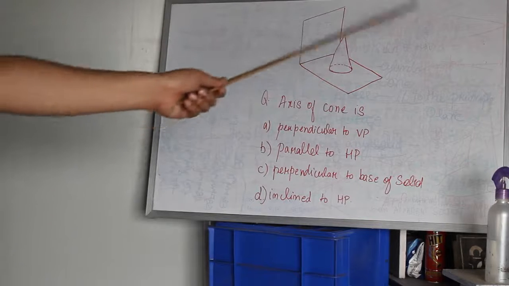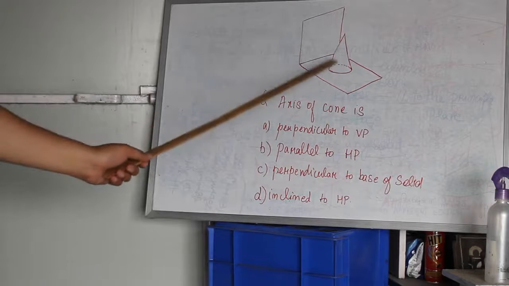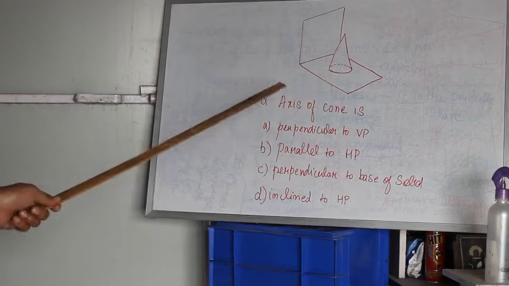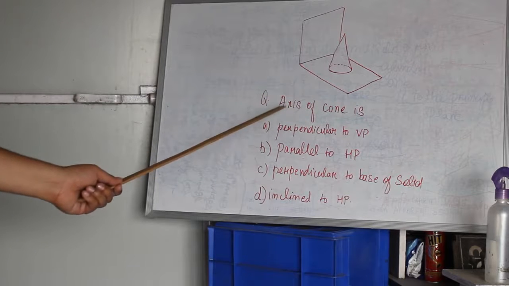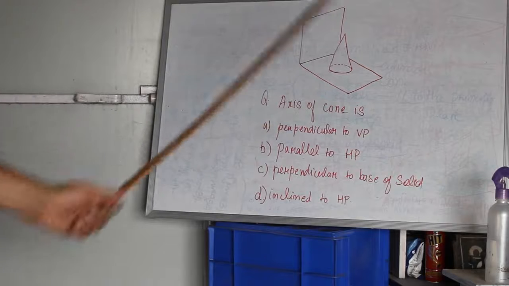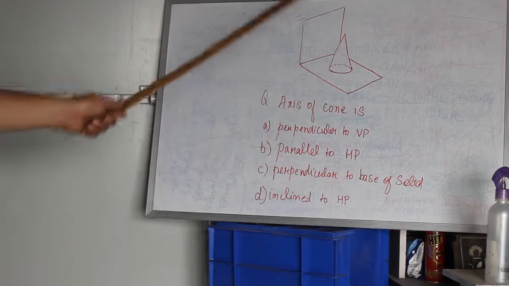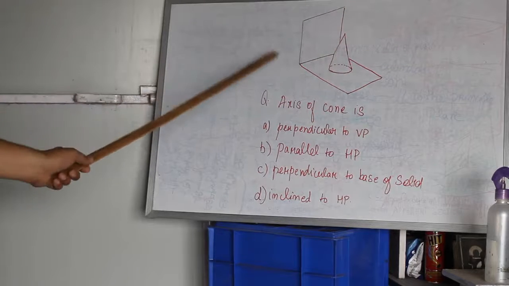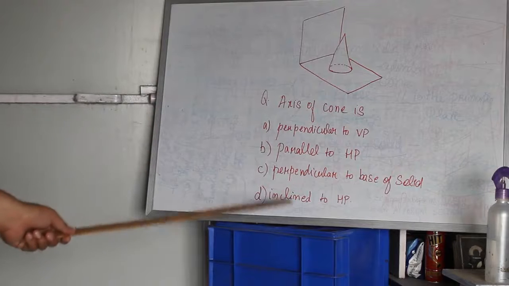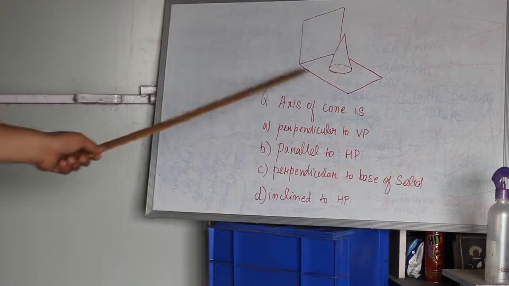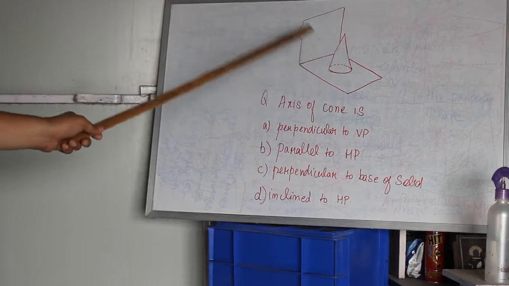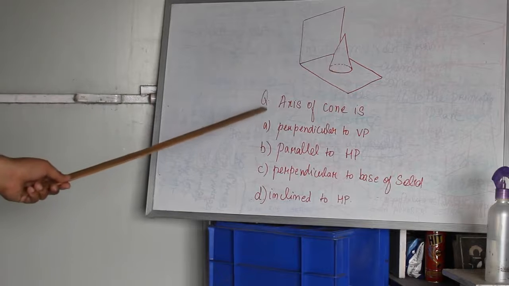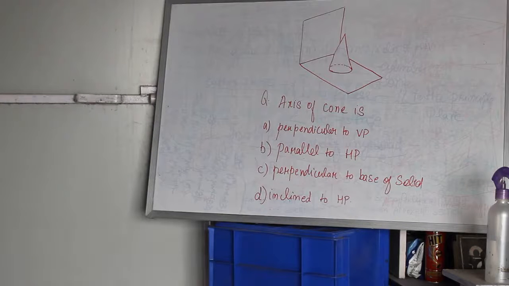If any statement is given to you, for example over here the question is in pictorial presentation, so there is no statement, and the question asked further is what the axis of the cone is. So over here, either way you can use the statement and make a rough presentation and then solve the question, or you can simply have the pictorial presentation of the solid with respect to HP and VP, and then give the answer to the asked question.